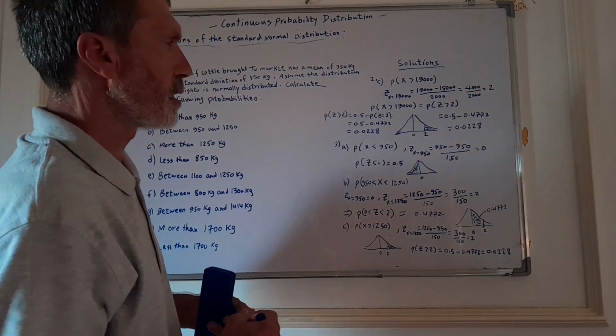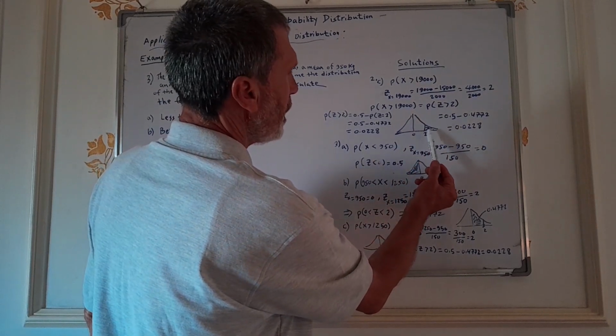Great. So we need the probability of z greater than 2, this area.